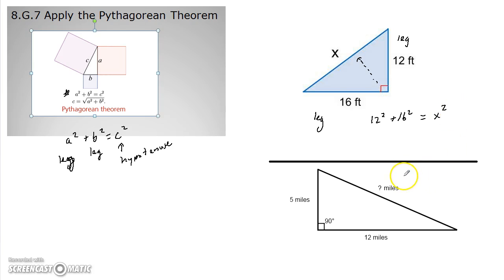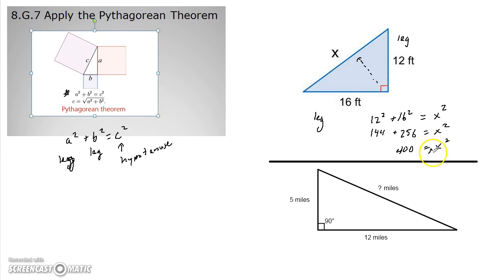So let's square everything first. 12 squared, pretty popular, is 144. And 16 squared, not as popular, is 256, equals x squared. When we add those together, I get 400 equals x squared. Now I have to figure out what times itself equals 400.